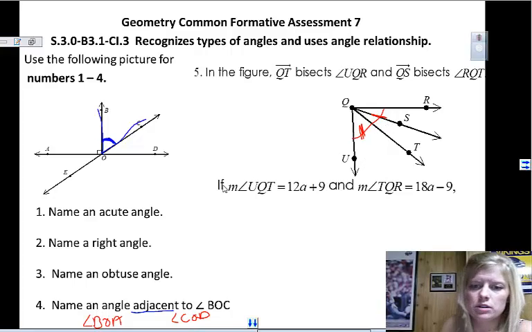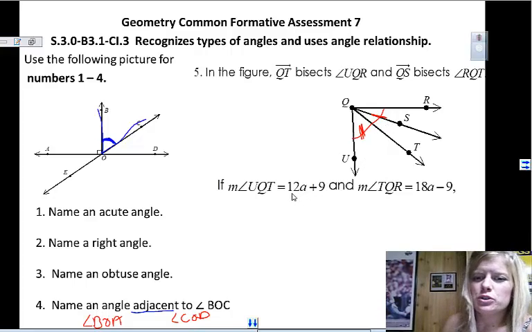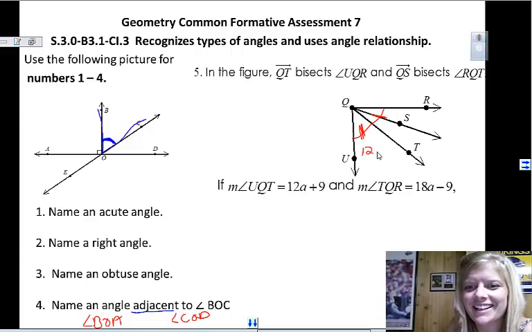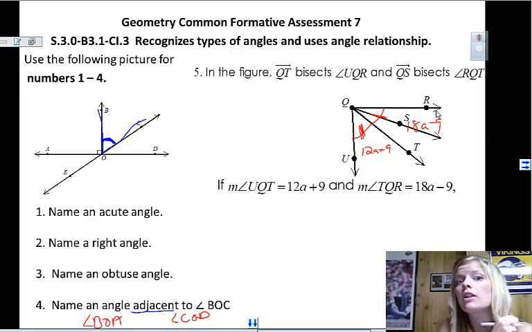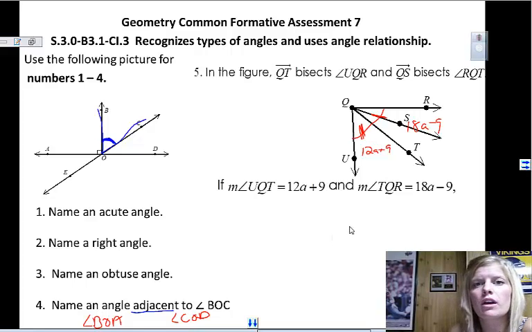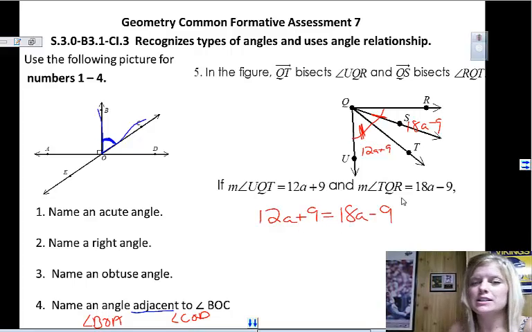Yeah, that works. Alright. And then I told you UQT, that's this angle, is 12a plus 9. And TQR is 18a minus 9. Well, if they equal each other, what do you think you're going to do? Yeah, set them equal to each other. 12a plus 9 equals 18a minus 9.